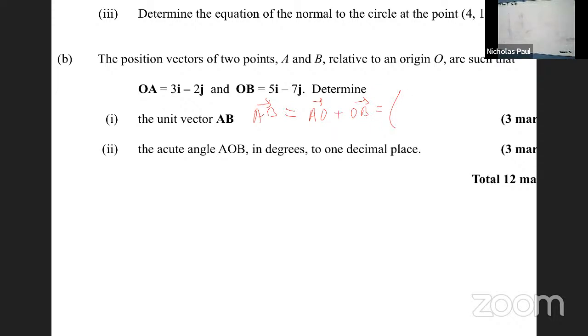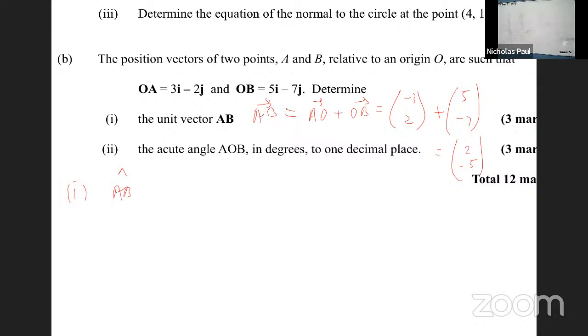A to O is -3, +2. O to B is 5, -7. So that is 2, -5. You got that? That's a good sign. And then they want the unit vector. What's the symbol for unit vector? There's a little hat on top.